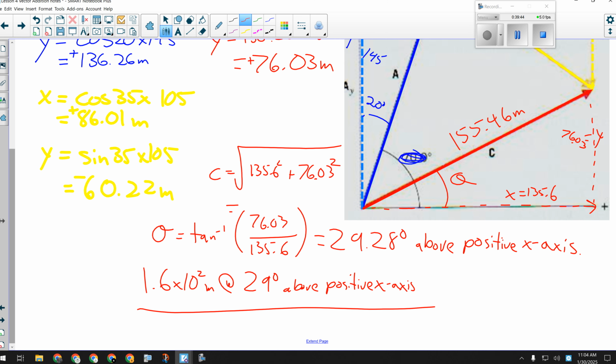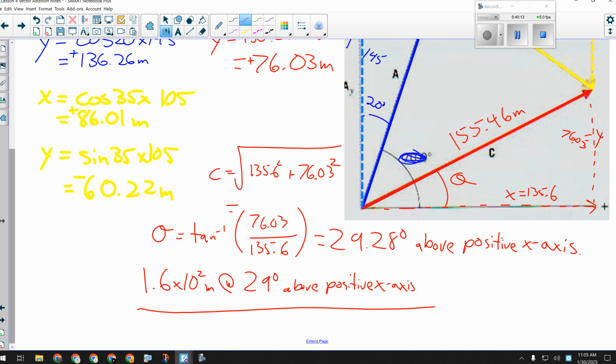Okay. Did I do exactly the same steps there as I did in the one previous? I absolutely did. I drew the diagram. I identified all the x's and y's. I calculated all the x's and y's. I added the x's together and the y's together. I did Pythagorean theorem. I did trig, and I wrote my final answer. It's always those steps.